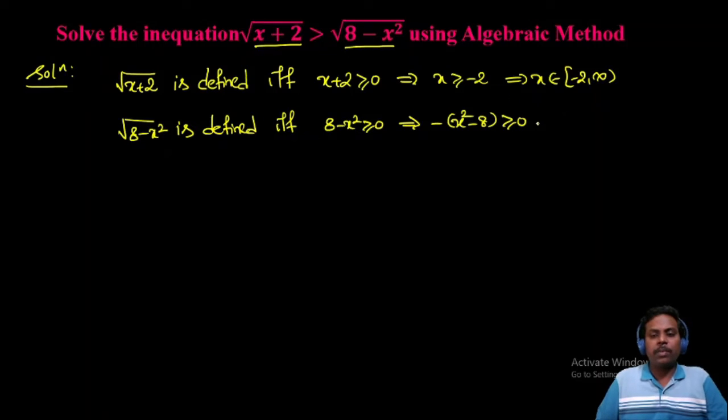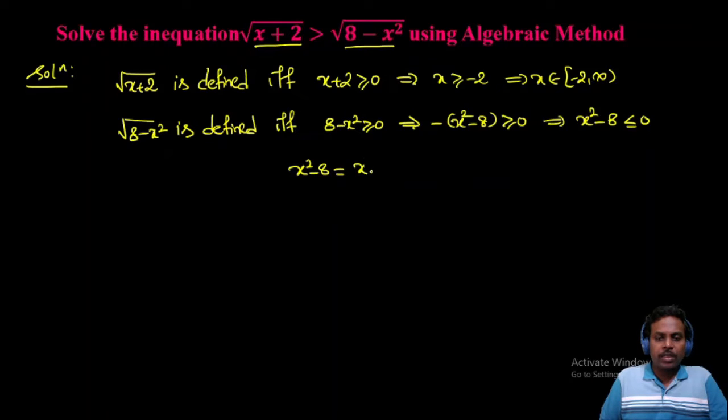If we multiply this inequality by minus 1, we get x square minus 8 less than or equal to 0. Now this x square minus 8 can be written as x square minus 2 root 2 whole square less than or equal to 0.